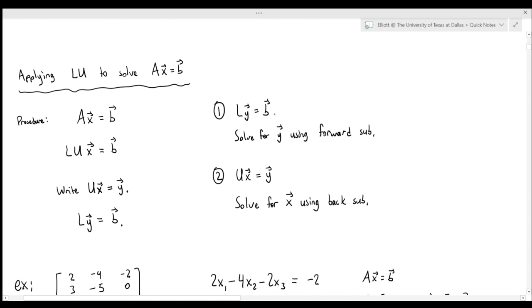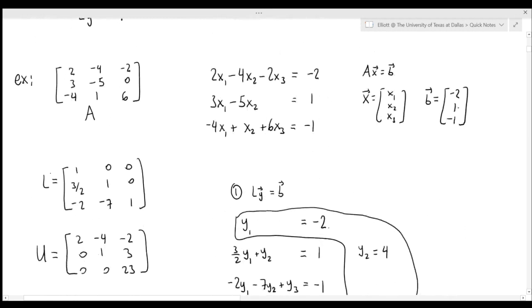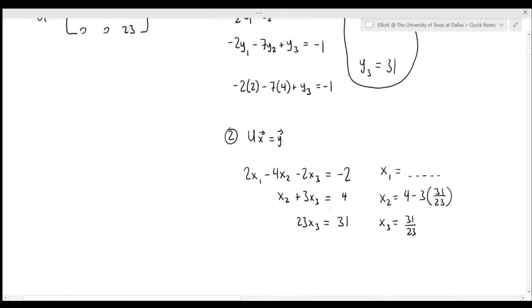From there you can solve for y by doing forward substitution on the system of equations. Once you solve for y, come back to here to solve for the original x to get the solution to the original system of equations, okay? So any questions about that procedure?